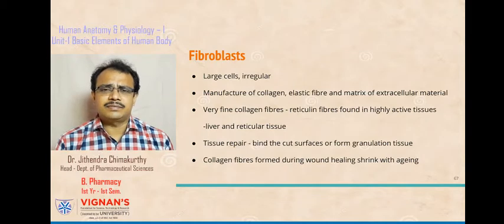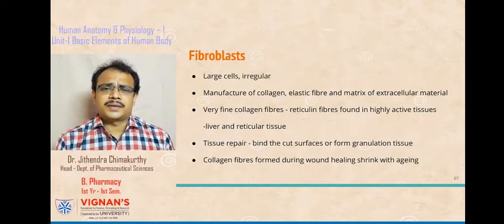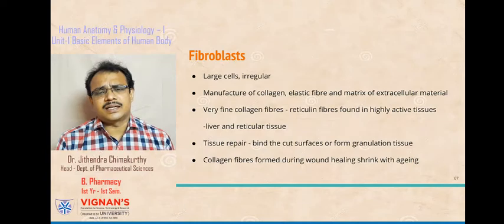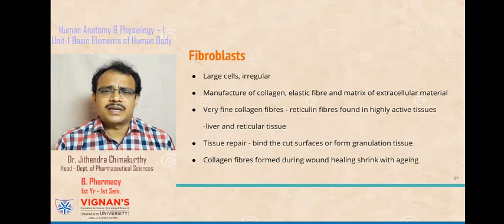As connective tissue is the most abundant tissue in the body, present in almost all the organs, fibroblasts are the most abundant type of cells present in this connective tissue. Fibroblasts are generally involved in synthesis of various fibers called collagen fibers and elastic fibers.